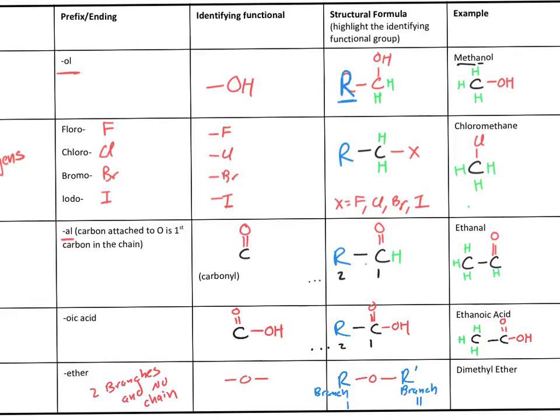Okay? So the example here is dimethyl ether. The ether tells me that it is going to be an oxygen in the middle, and the dimethyl tells me it's a 1 carbon long branch, but I happen to have 2 of them.